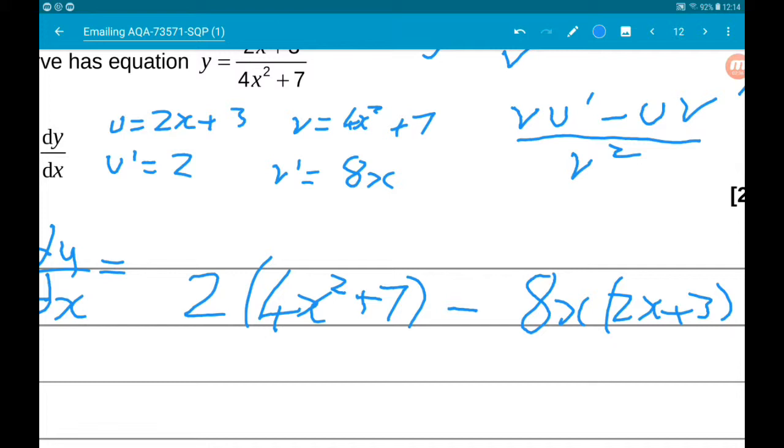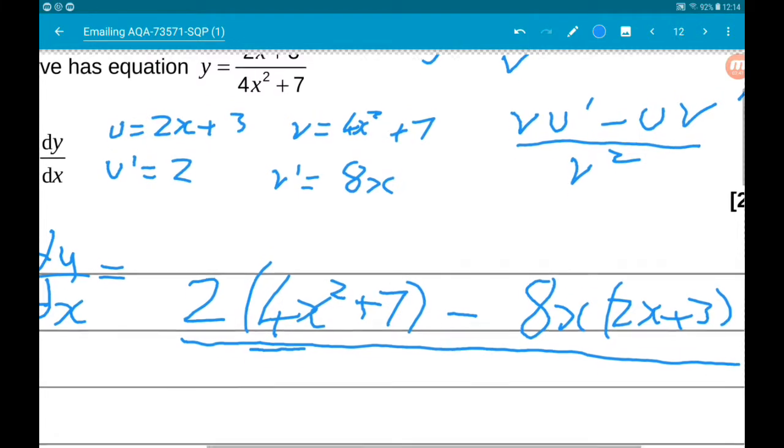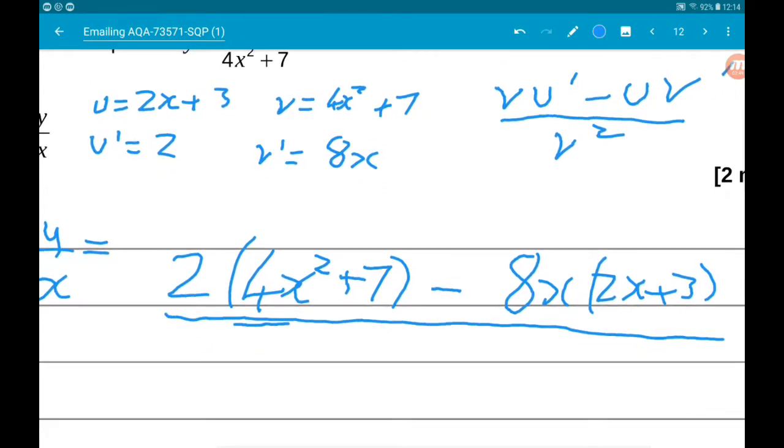And then that's all over v squared, so that's all over 4x squared add 7 squared. So that is an expression for dy by dx. It doesn't say to simplify it or anything, so that would do.